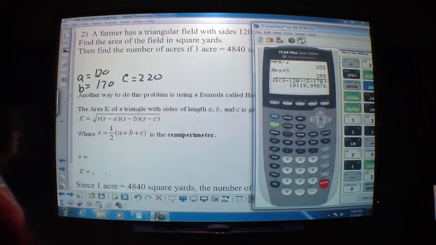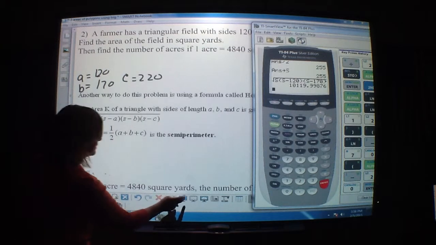Okay? Divide by 4,840 like we did before, you get the same answer.